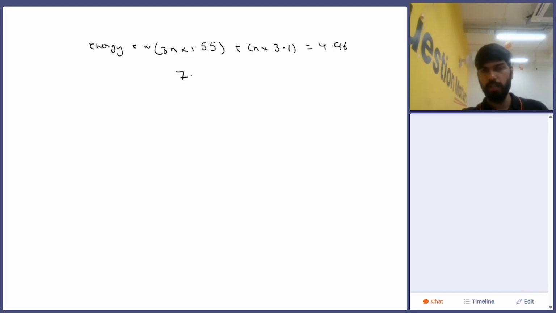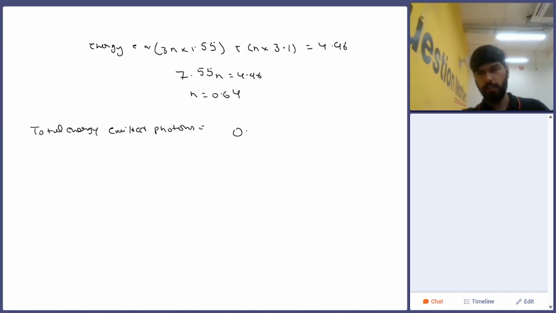So after solving, 7.55 n is equal to 4.96, so n is equal to 0.64. Okay, so we can get here the total emitted photons is equal to 0.64 plus 1.92, that is 2.56.